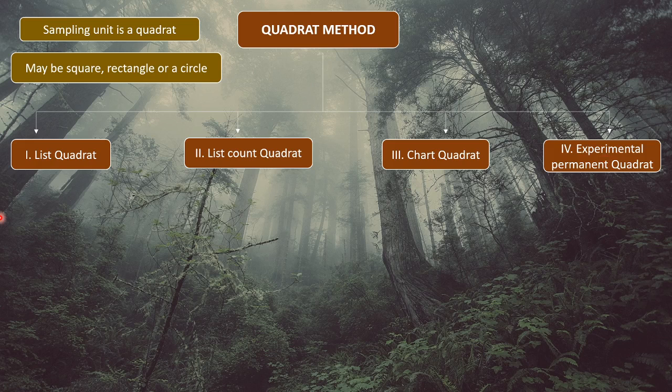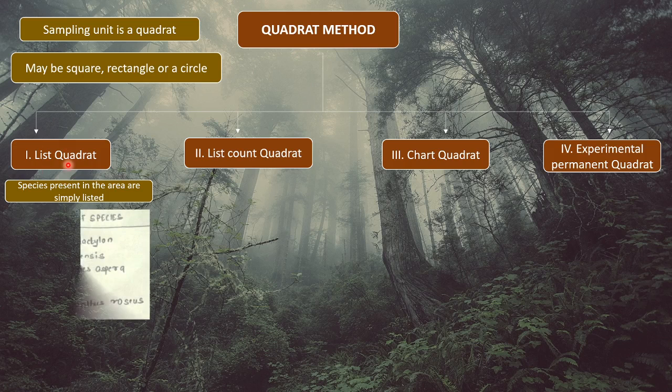So very easy actually. List quadrat, as the name itself suggests, here in this quadrat we are only going to list down the species that are present in the area. So whenever we are going to study any area, in list quadrat we will only list down the species.